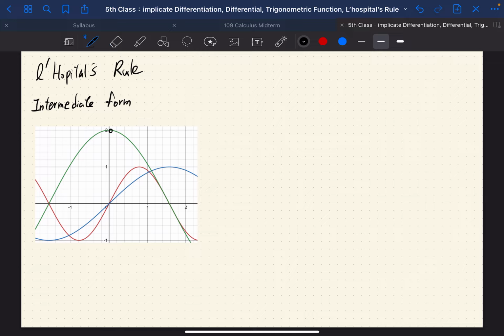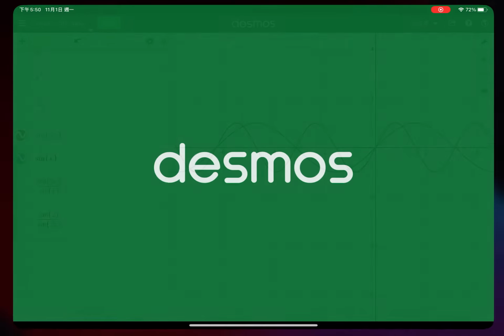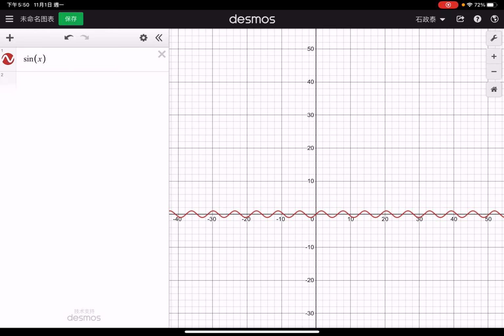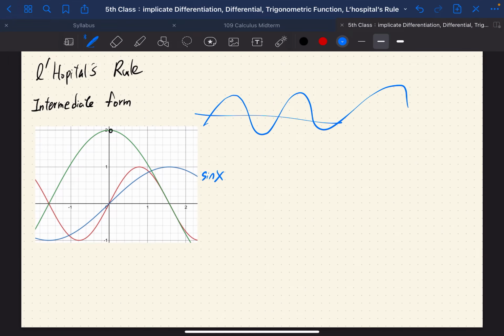So this is sine of x. You just need to know it is a periodical function. And the red one is sine of 2x.